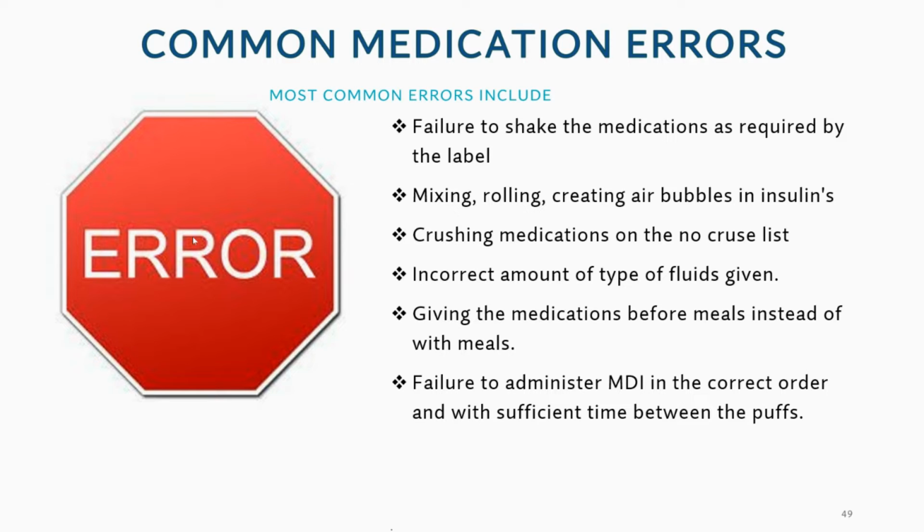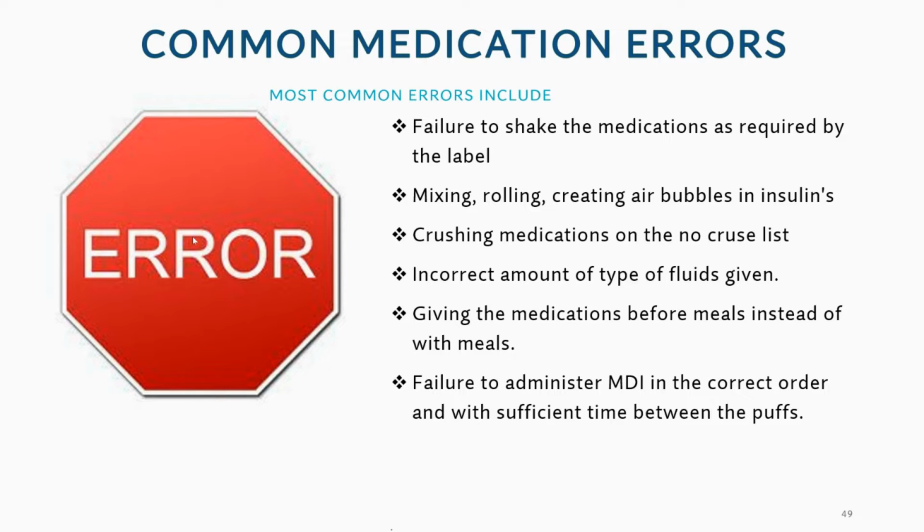Incorrect amounts of insulin given or incorrect amounts of fluid given with a medication. Given medications before a meal instead of with the meal or after a meal, and then failure to administer MDIs in the correct order. So, metered dose inhalers.